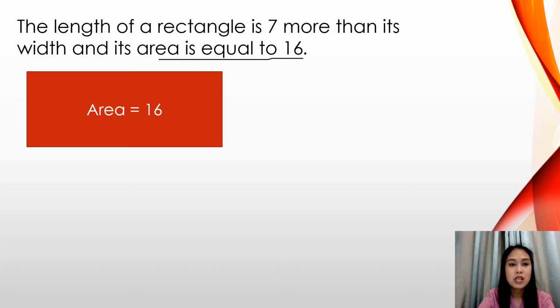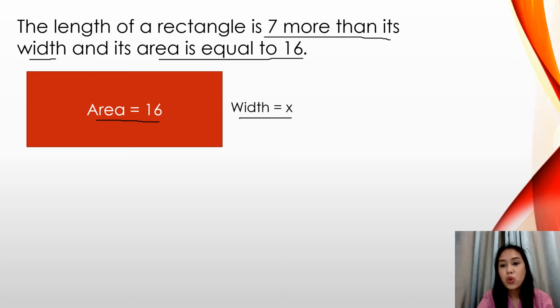Now, the very obvious given in this sentence is the measurement of the area, which is equal to 16, as we can see in the sentence. Another thing that we can get out of the sentence is that the width is not given. So therefore, we can assign the width as x. And the length of the rectangle is 7 more than its width.